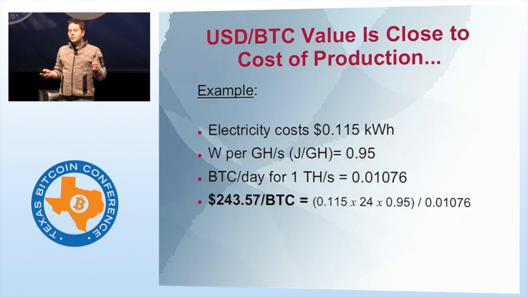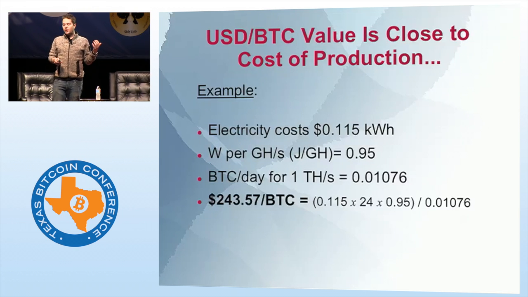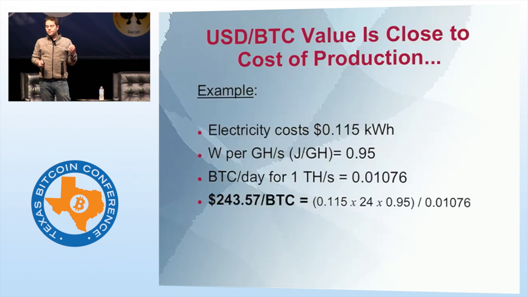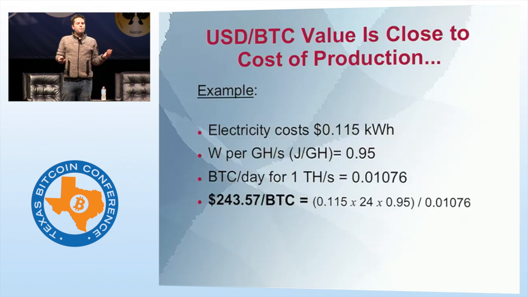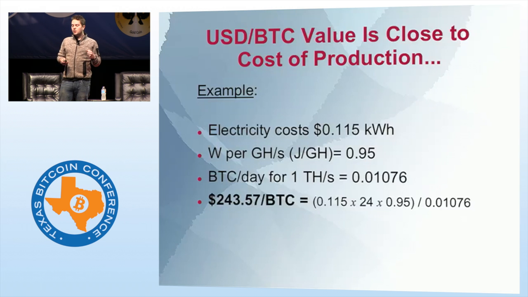Let's say the average world electricity cost is 11.5 cents per kilowatt hour, and the average mining efficiency on the Bitcoin network right now is a little under 1 watt per gigahash second, which is the same as a joule per gigahash. And we already saw that with 1 terahash, you'd expect to find a little more than 1/100th of a Bitcoin a day.